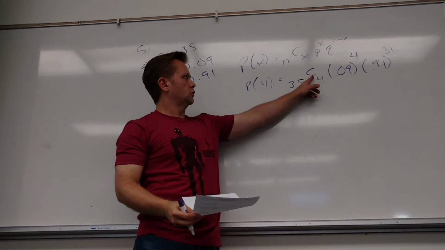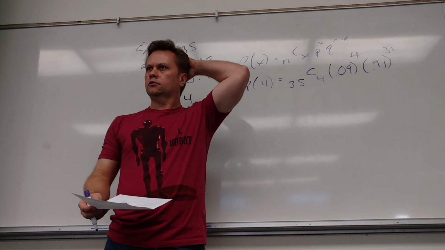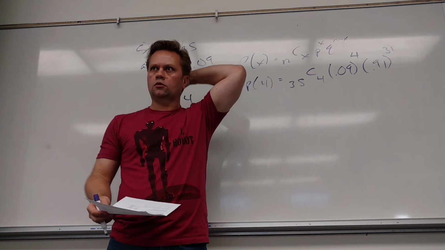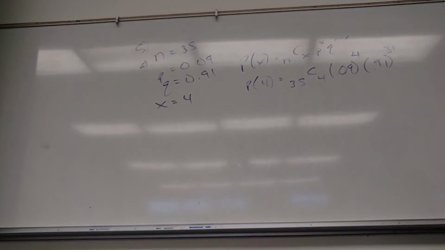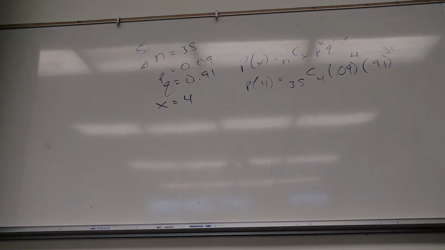Where was the choose in the calculator? Math? Yeah. Here's how you put this in your calculator. 35, Math, Probability. Yours probably says PRB if you have the old one. Number 3, choose.